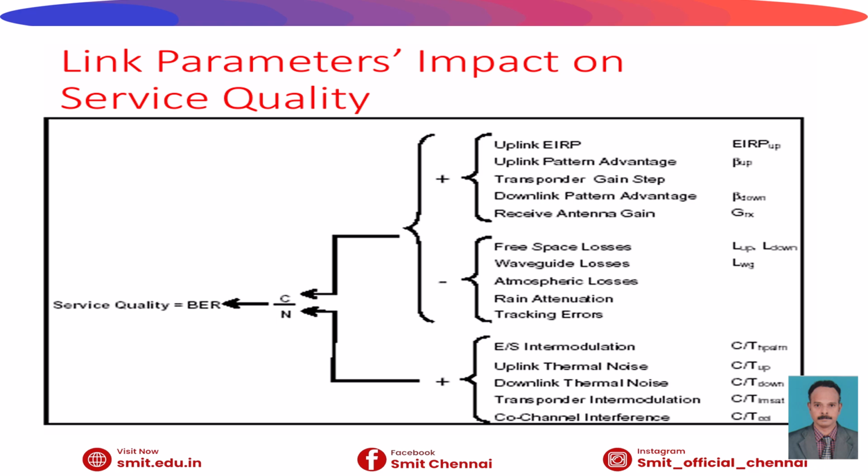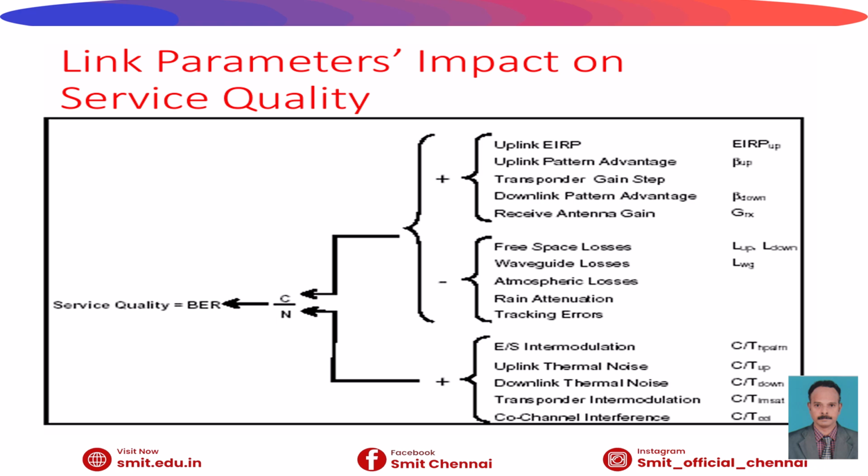In the downlink, we are going to see the pattern, as well as the receiver antenna gain. In between, along the path or medium, we are going to see the factors involved, particularly the free space losses, the waveguide losses, the atmospheric losses, the rain attenuation, as well as the tracking errors.